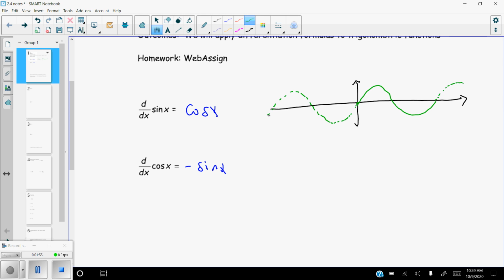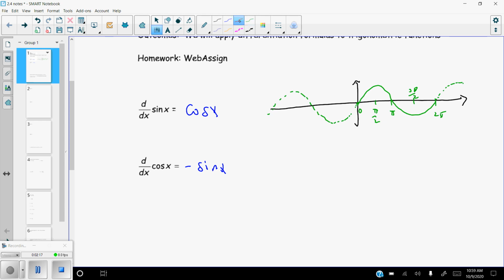The important part here is that we know that's at 0, we know that's pi halves, we know this is pi, this one is 3 pi halves, and this is 2 pi. So that'll at least take us through one full cycle of sine.